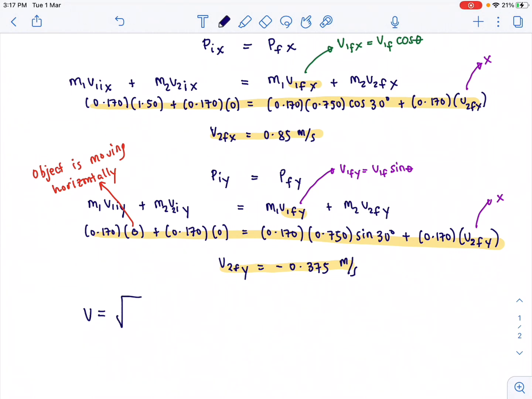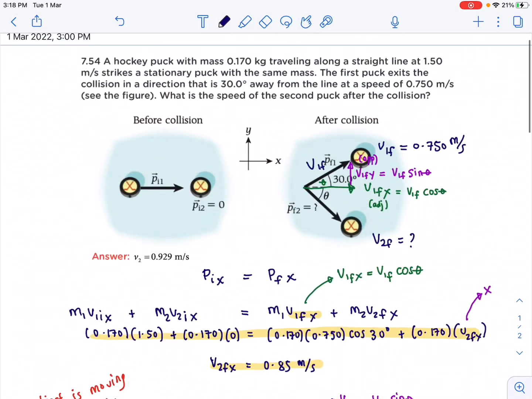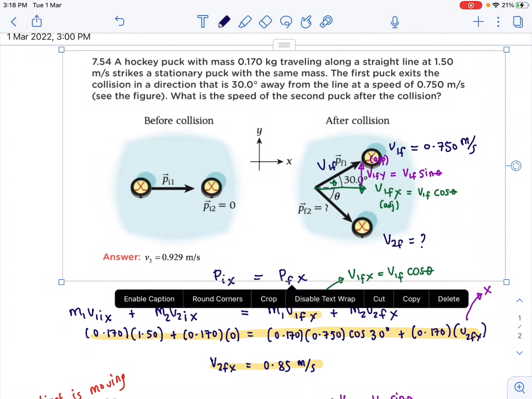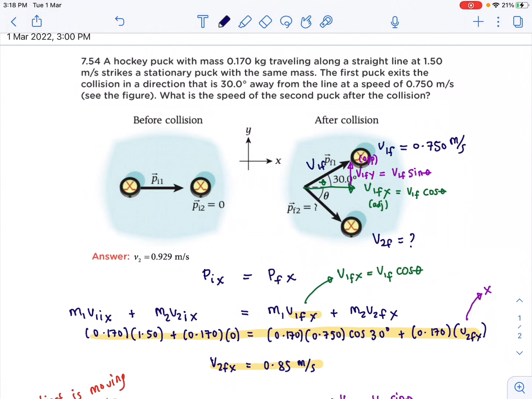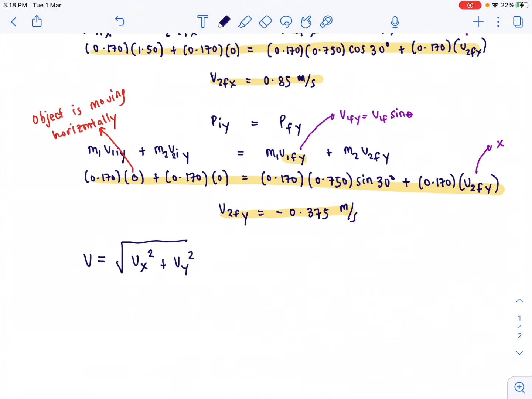If we have the x and y components of the vector, we have Vx squared plus Vy squared, and we take the square root of that, which gives us the magnitude of the vector quantity. In this case, our vector quantity is velocity, and the question is only asking for speed, which is the magnitude of velocity. So we use this formula to solve for the final velocity of the second puck.